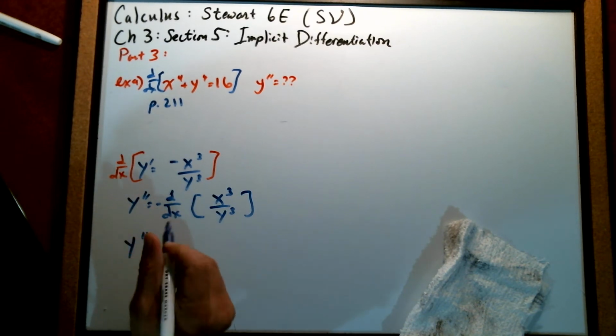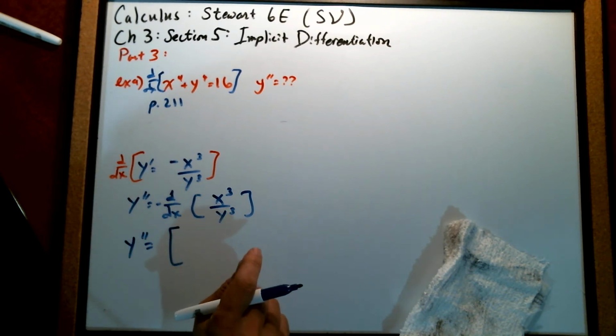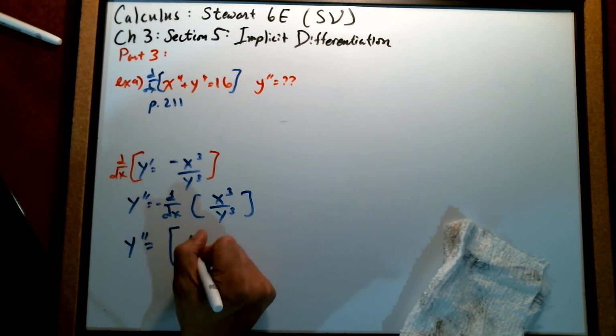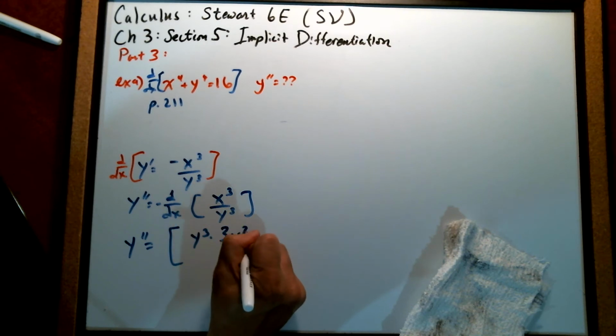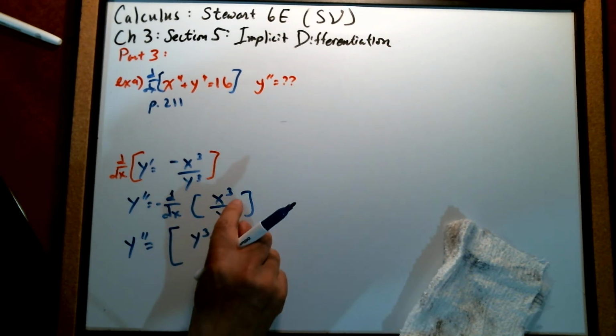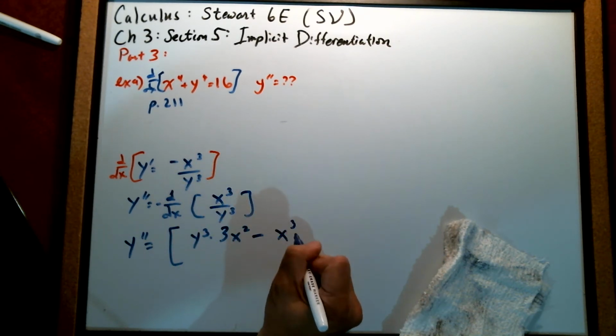Y double prime is equal to low, y cubed, times d high, which is 3x squared, minus high, which is x cubed, times d low.